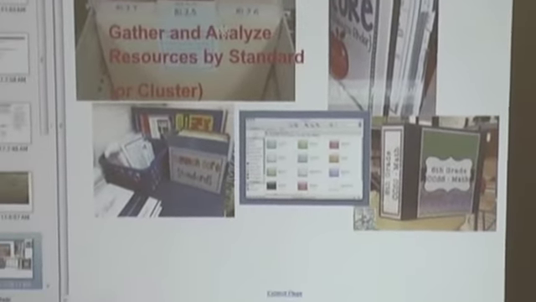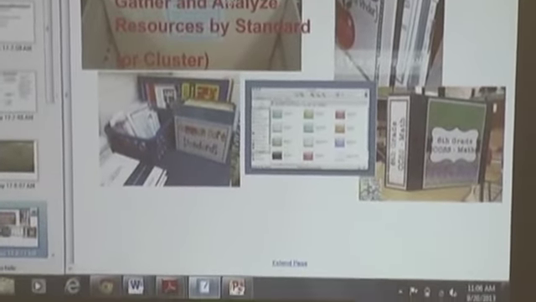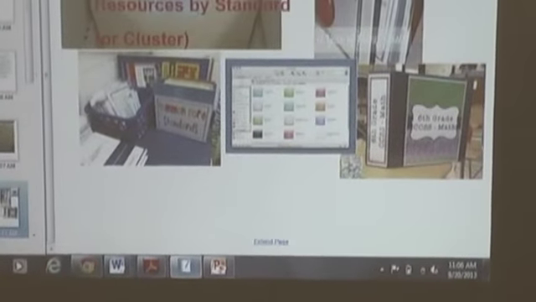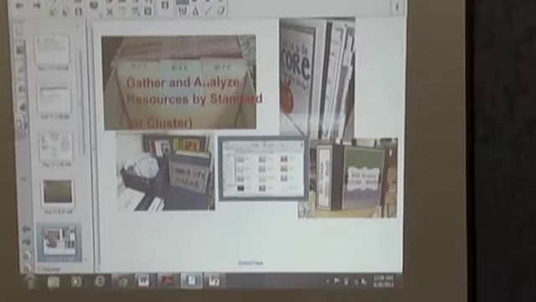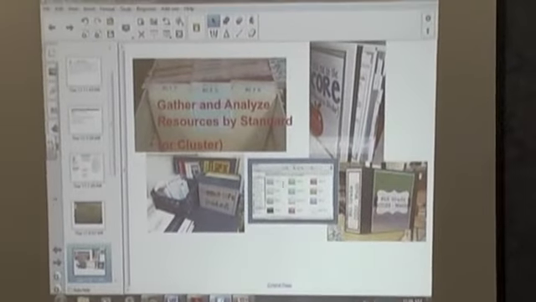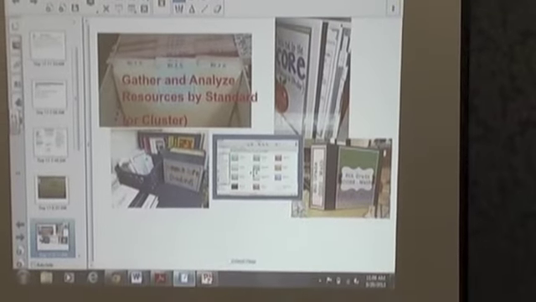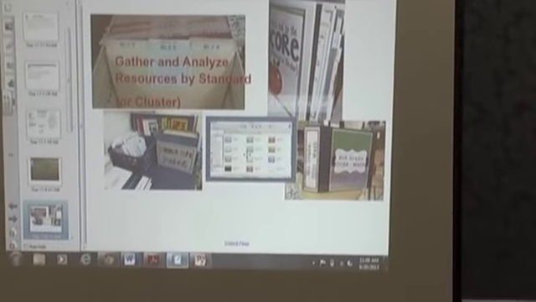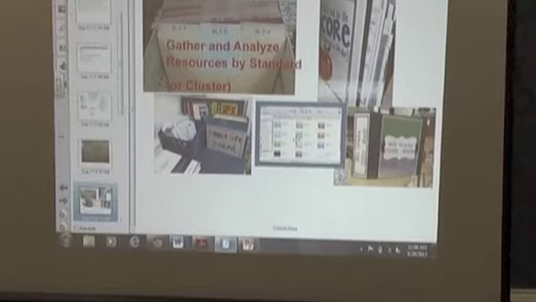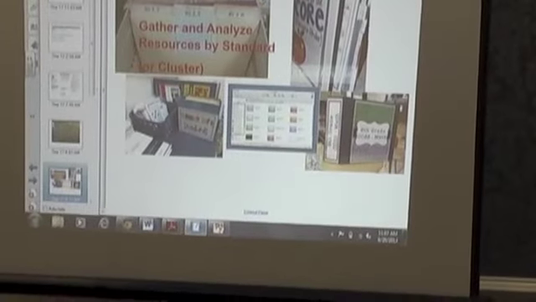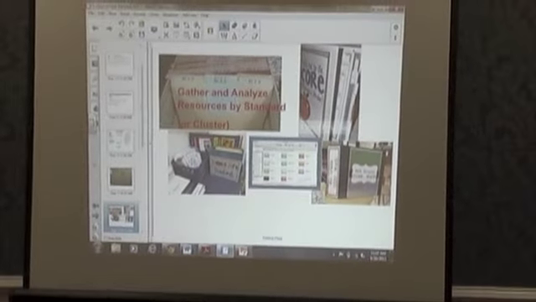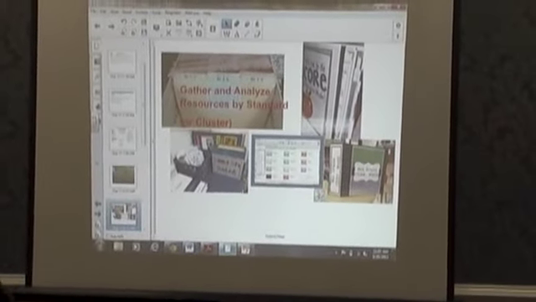Once you figure out the order of your standards, go on a hunt for all of the resources within the document, those live links, and print them out or however you want to organize it. This picture is a digital file. So create a file for yourself where you can easily access all of the different resources. And here, a basket, if you want to have manipulatives or everything else you need for that standard or task, some type of organizer.